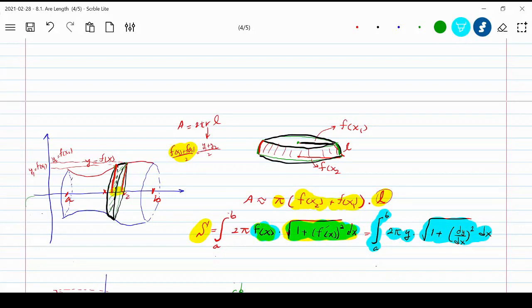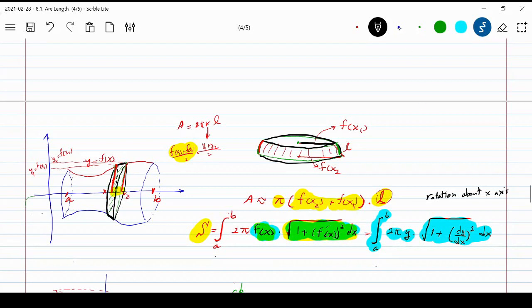If you rotate it around the y-axis, then instead of y here, you would have x. This is throughout the rotation about the x-axis.